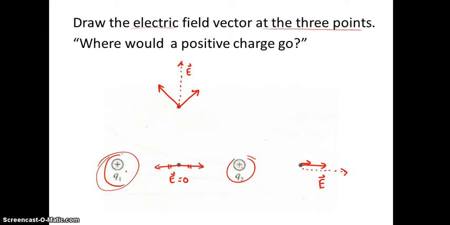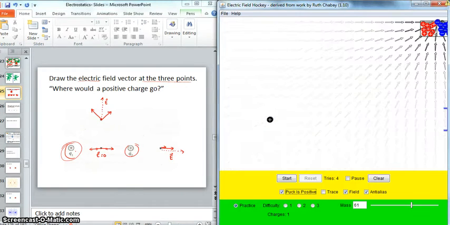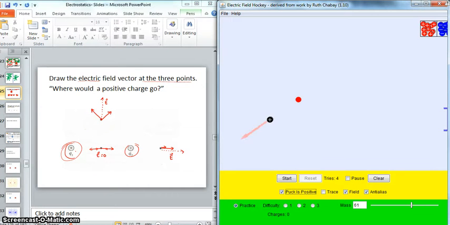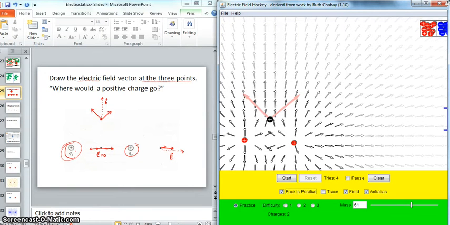Let's see if we can visualize this with our simulation. Here's one positive charge, here's another positive charge. Which way would it go? It's going to get pushed away. You can see what happens to the vectors.